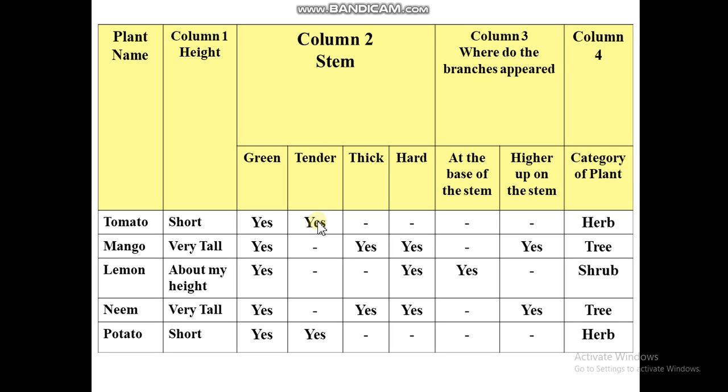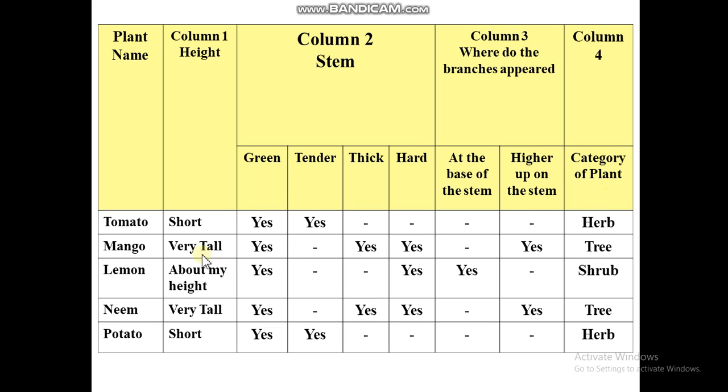The stem is not thick, and it is not hard either. And where the branches appear, it is neither at the base of the stem nor higher up on the stem, so this will be blank. Based on these characteristics we can say the tomato plant is a herb.